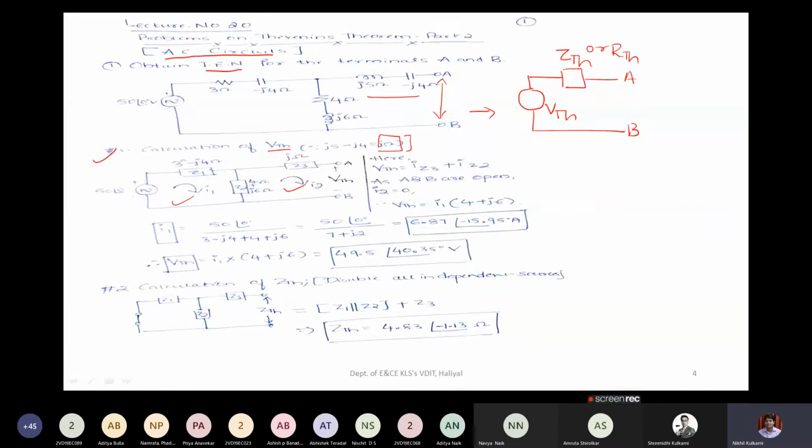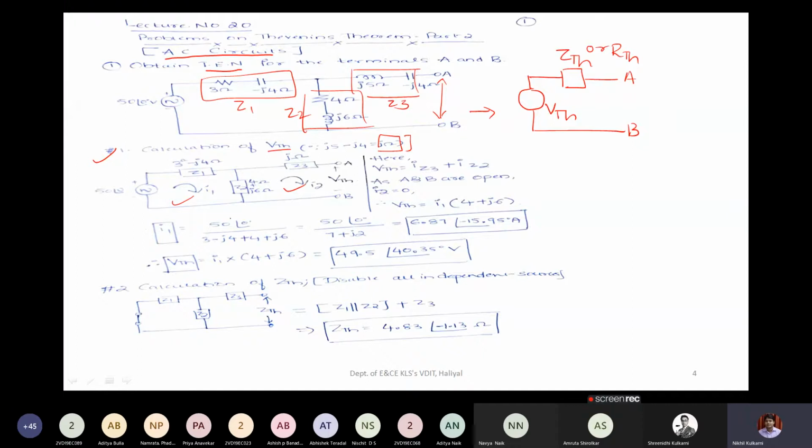Just for our reference, I have combined these and I'm calling them Z1, Z2 and Z3 so that the calculation is easy. Z1 is 3 minus J4 ohms, Z2 is 4 plus J6 ohms and Z3 is J ohms.